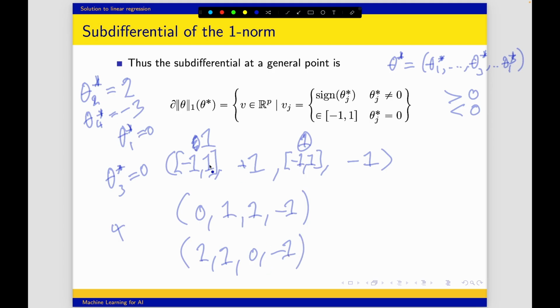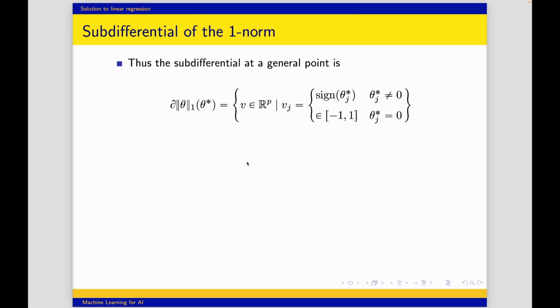And all those vectors that we can generate, where this is any number between -1 and 1 and this is any number between -1 and 1, are valid subgradients. That's what this is saying. We have a whole set of these subgradients, and together they form the subdifferential.